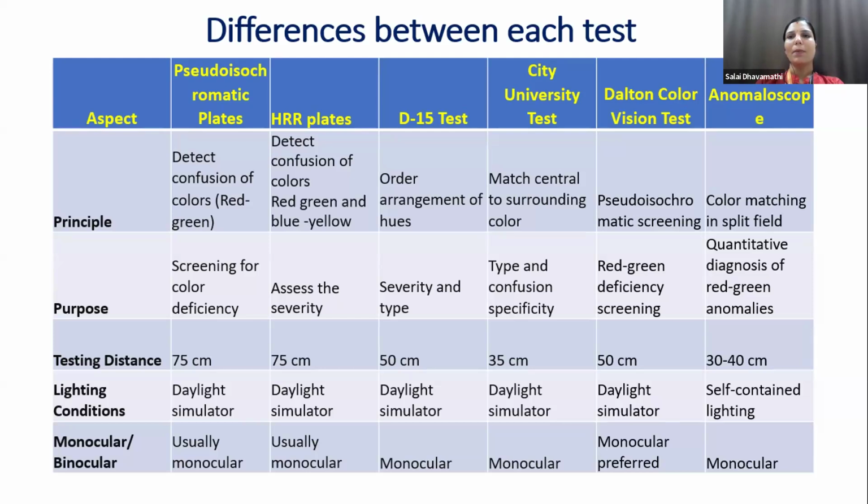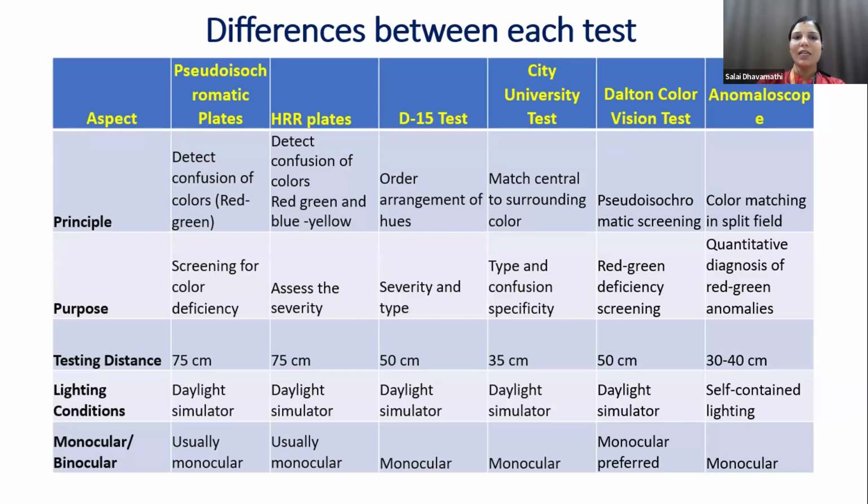In the comparison, the principle of pseudo isochromatic, HRR and Dalton is color confusion. D15 is a hue discrimination test, where D15 and FM100 hue come. The City University test matches central and surrounding color, and the Nagel anomaloscope is a color matching test. The purpose: pseudo isochromatic is a screening test, while HRR and D15 assess the severity of the type.